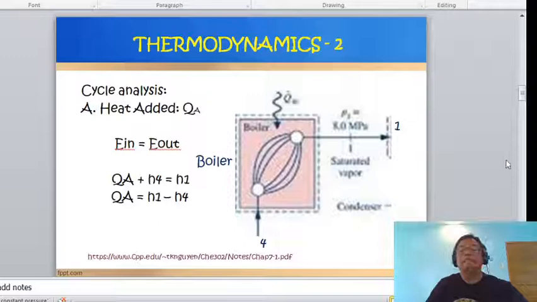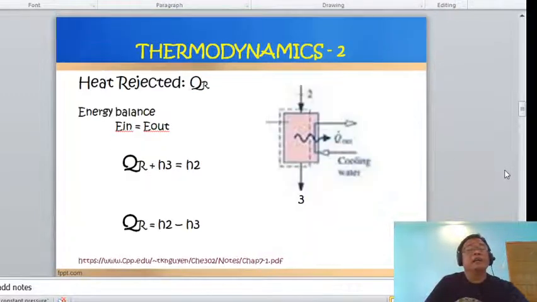Okay? Next, another, class, is the heat rejected in the condenser. Heat rejected. Again, class, the analysis is only energy in equals energy out always. Okay?